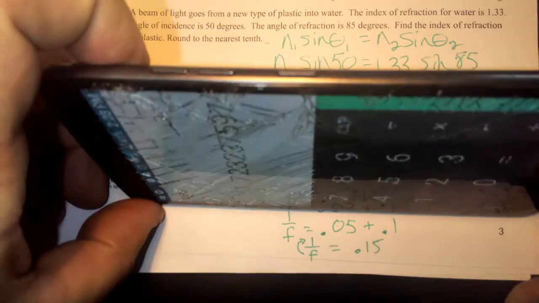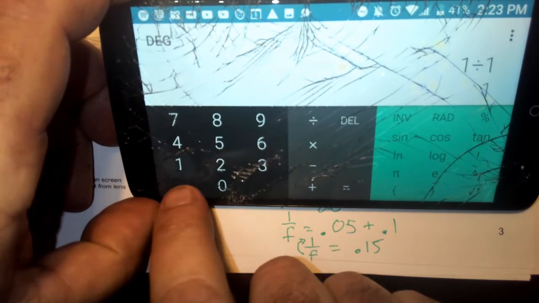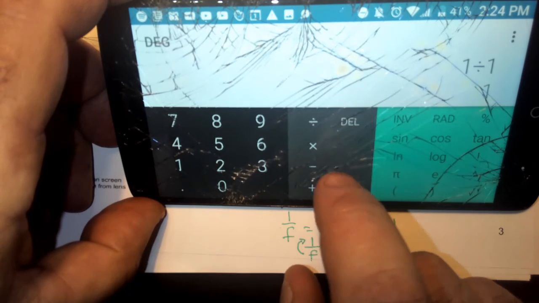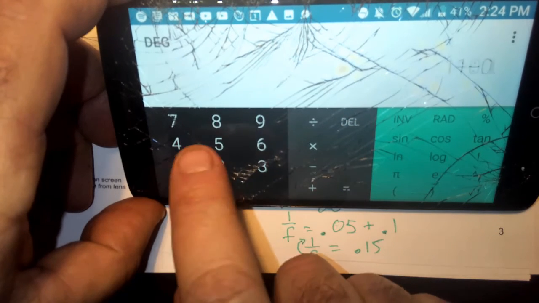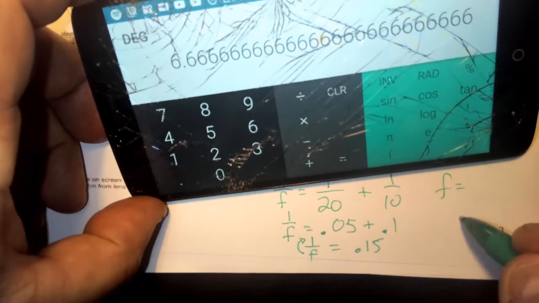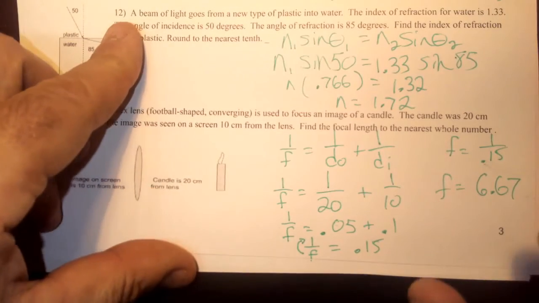So let's see here. 1 divided by 1.5. Nope, that's not right. 1 divided by 0.15 equals 6.666. We'll round that to 6.67.